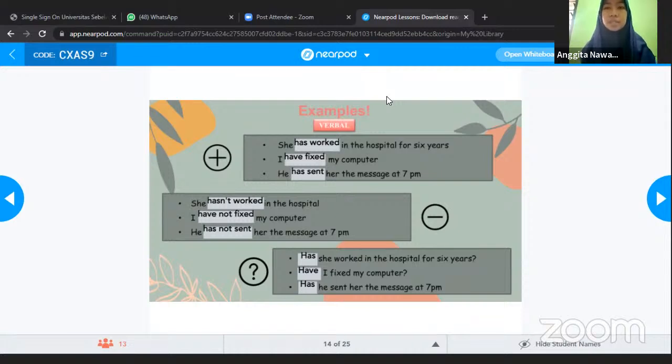He has not sent her a message at 7 p.m. And then for the interrogative form, we have the formula have or has plus subject plus past participle. So it is implemented in sentences. Has she worked in the hospital for 6 years? Have I fixed my computer? Has he sent her the message at 7 p.m.? Next slide.